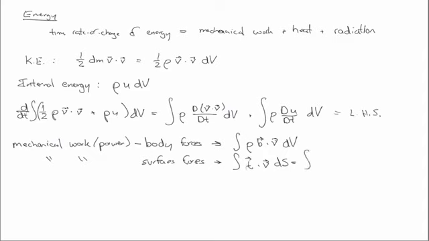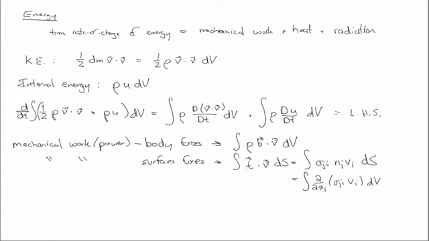Using the Cauchy equation, it's sigma_ji n_j v_i ds. And then using the divergence theorem is the partial with respect to x_j of sigma_ji v_i dv. Right.